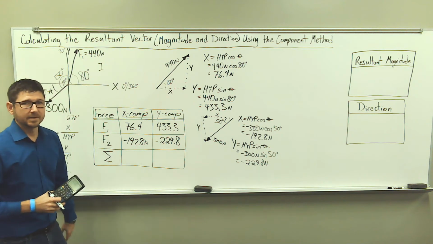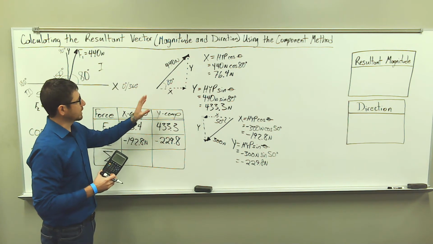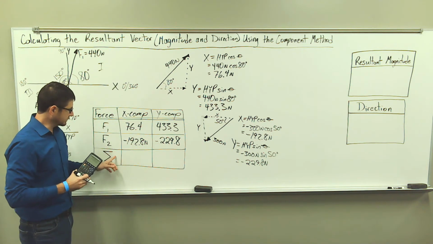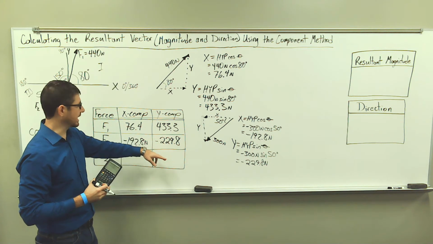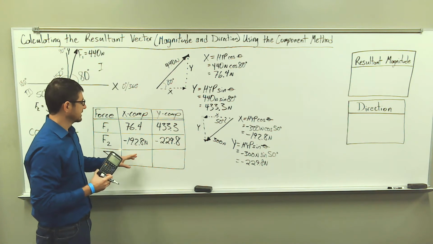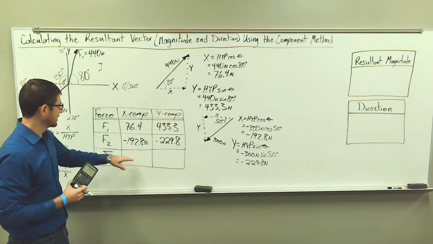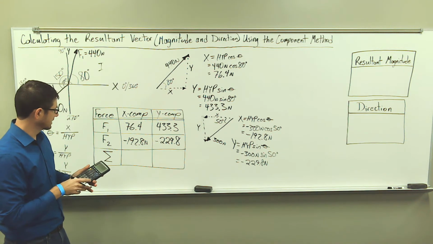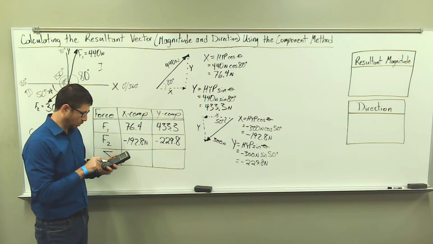Okay? Now that we have used vector resolution to break our vector down into its x and y components, what we need to do is add up the columns, okay? And the answers here will be the x and y components for our resultant. So right here I have 76.4 minus 192.8.